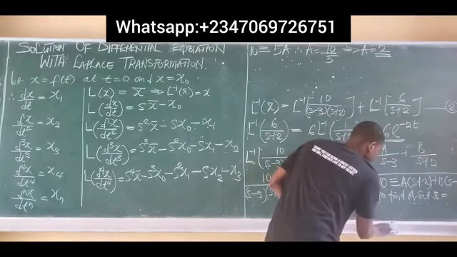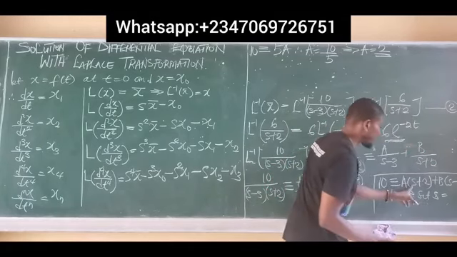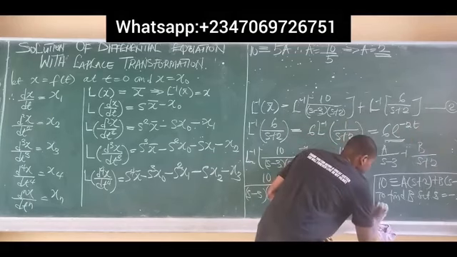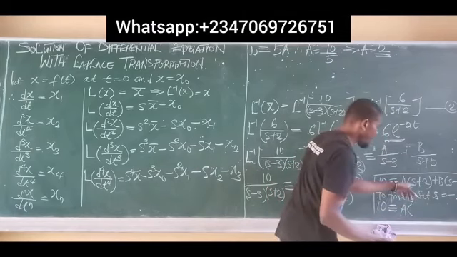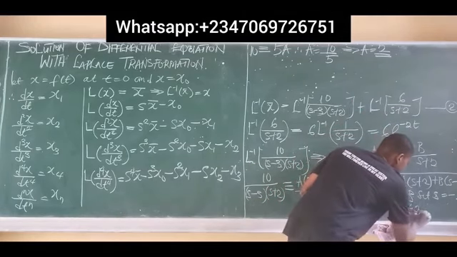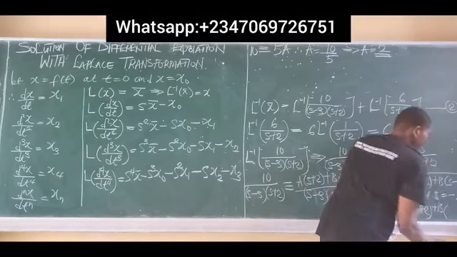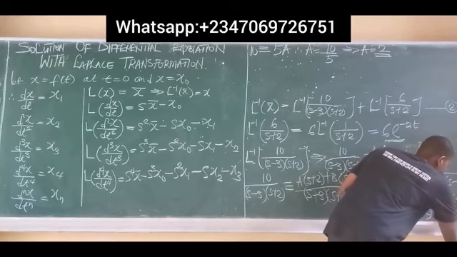So to find B now, simply set S to be equal to minus 2. Therefore, I have 10 is now equivalent to A into S plus 2, and S now is minus 2 plus 2, plus B into S minus 3. S now is minus 2, so it becomes minus 2 minus 3.